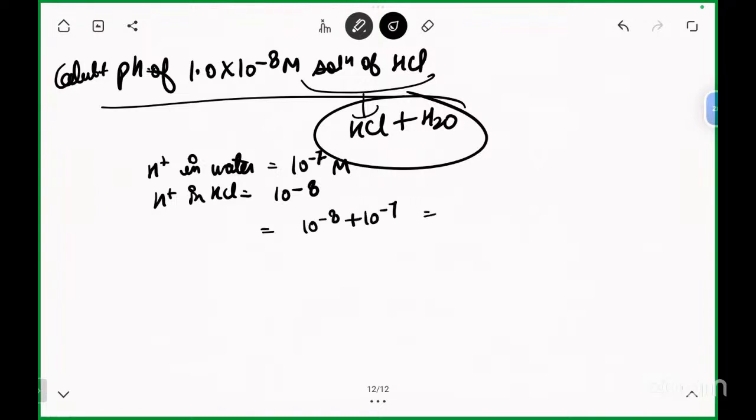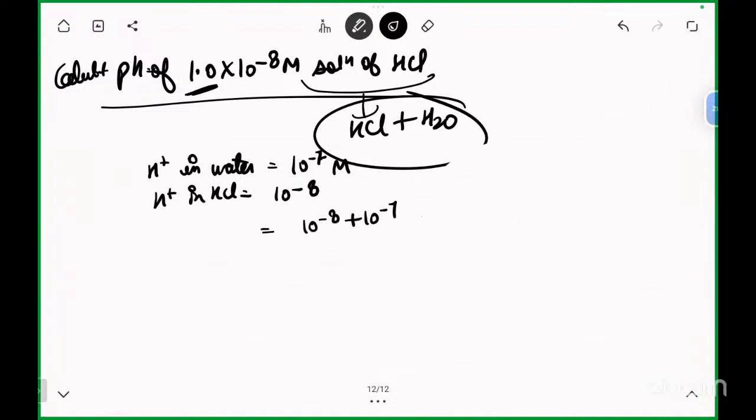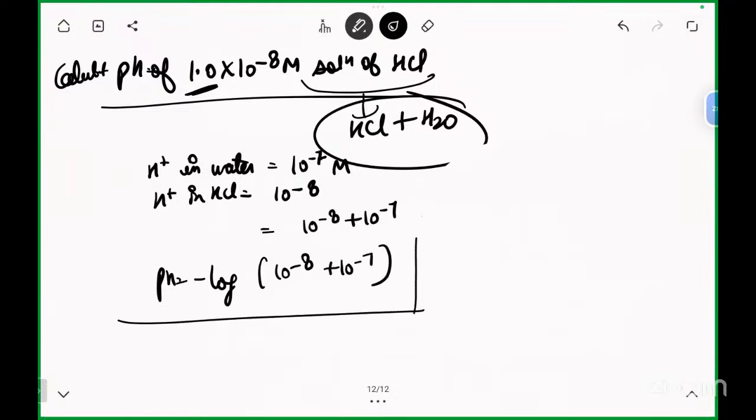We have to take the concentration from the water also, because we have this value as well. Or you can do one thing: take pH is equal to minus log of 10 to the power minus 8 plus 10 to the power minus 7. Just calculate this value and done.